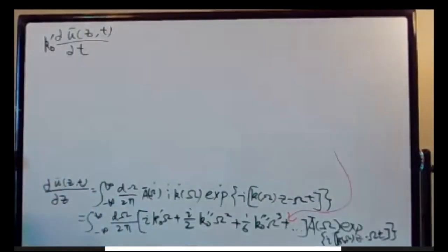Why don't we spend 30 seconds, why don't you write it down? Let's add a negative here. You already have u z t from the previous equation. Take a derivative with respect to t and add negative k naught prime.